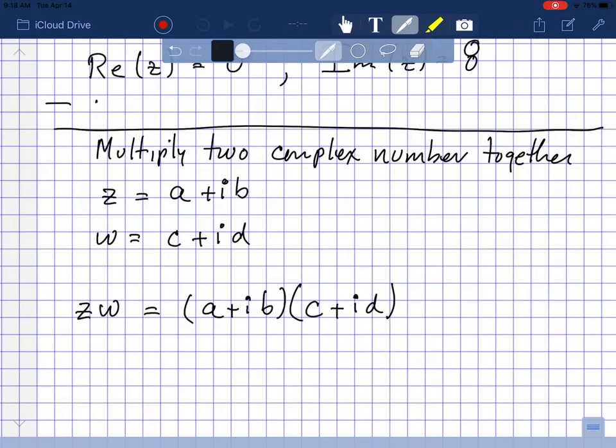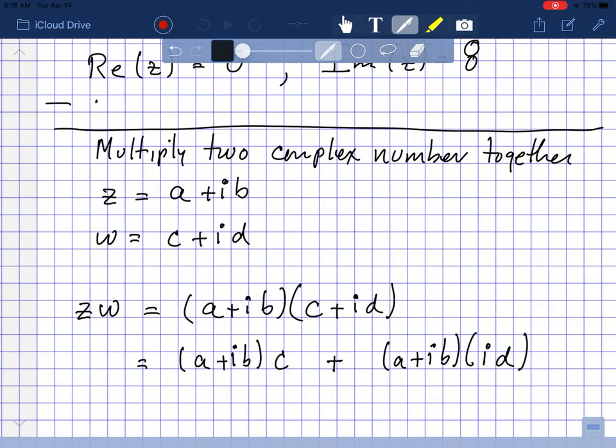Now, the distributive law applies. We always want the distributive law to hold, and in this case, I can write this as a plus i times b times c, plus a plus i times b times i times d.